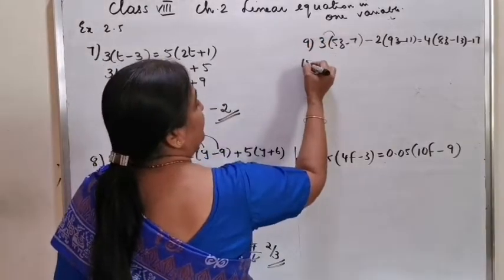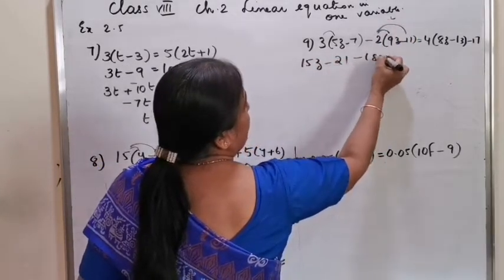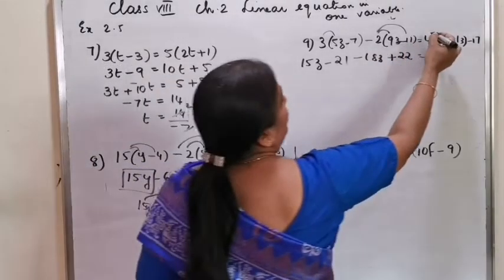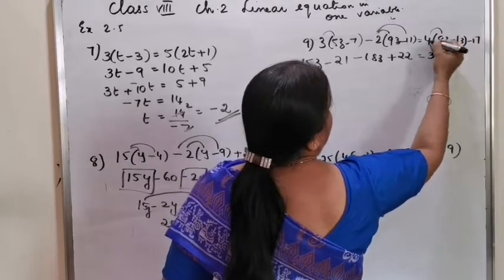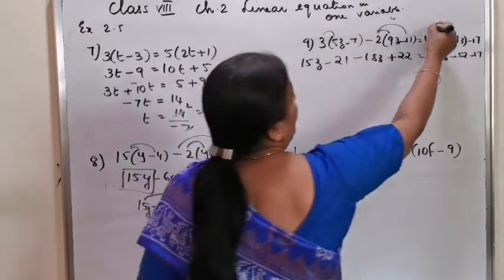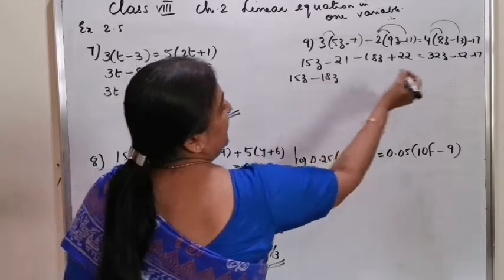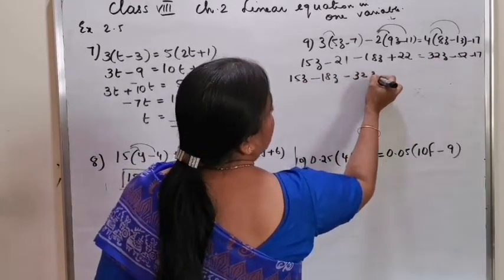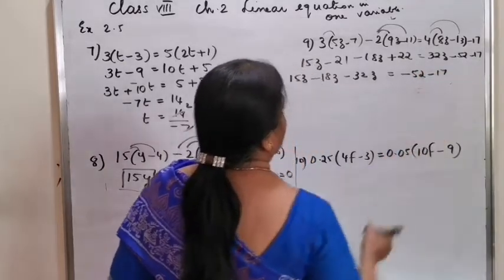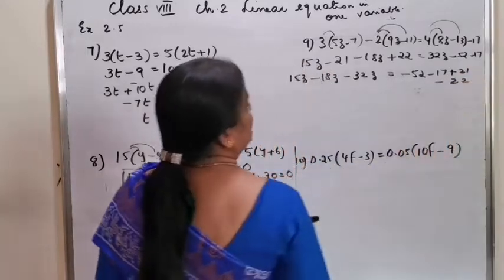Same procedure, 15z minus 21 minus 18z plus 22 is equal to 32z minus 52 minus 17. 15z minus 18z minus 32z is equal to, already minus 52 minus 17, and from here plus 21 minus 22.